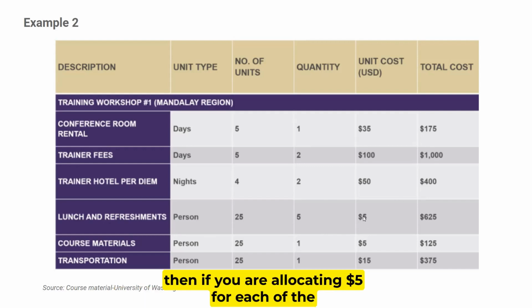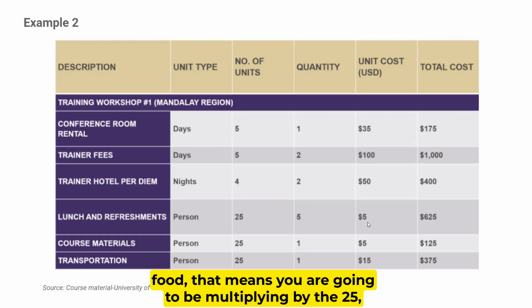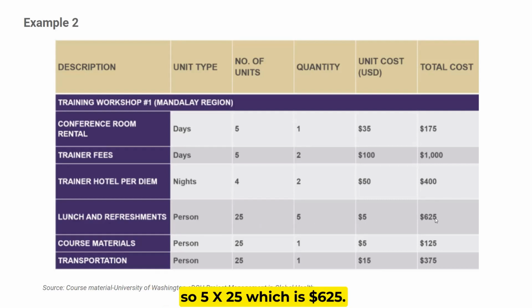Then if you are allocating $5 for each of the food, that means you are going to be multiplying by the 25. So 5 times 25, which is 625. So you need to look at that.